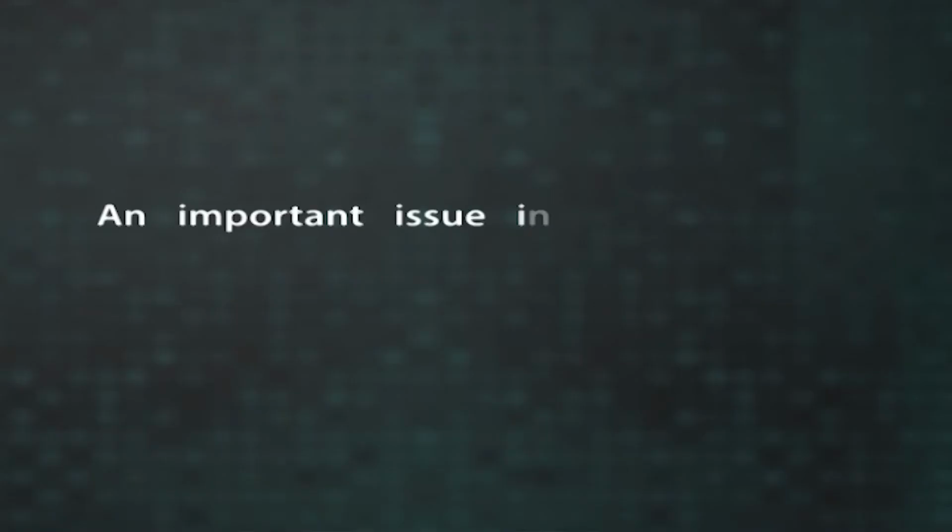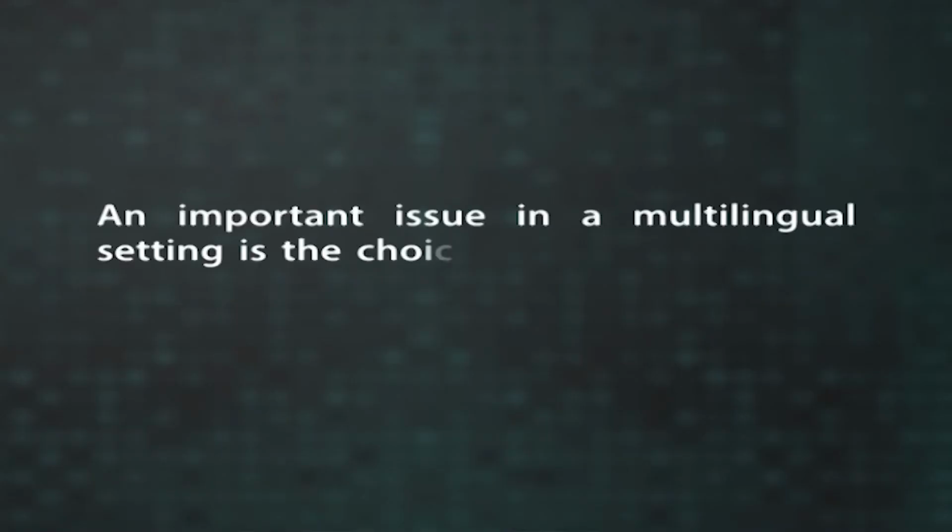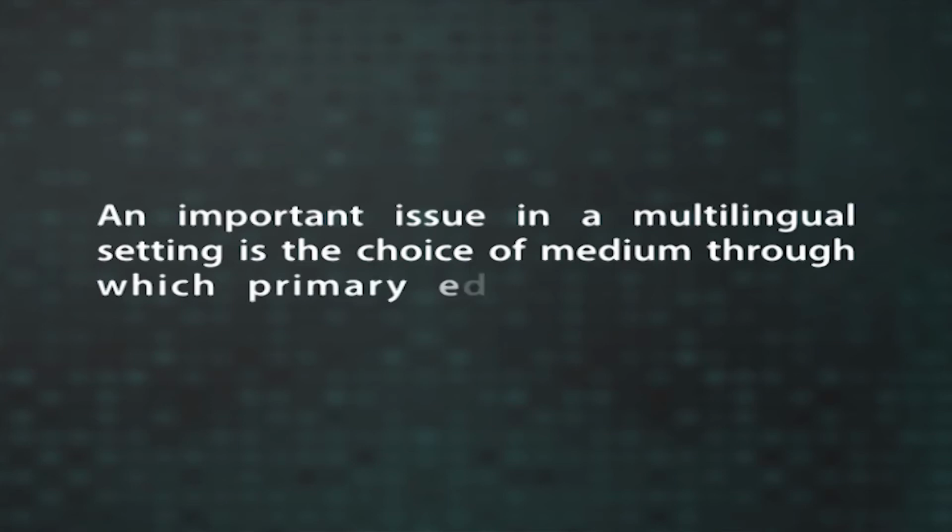An important issue in a multilingual setting is the choice of medium through which primary education is to be achieved. In a multi-ethnic society, the choice regarding the medium of instruction is determined by various interrelated factors ranging from social, historical, ideological, psychological, etc. There are different claims on the issue of the medium of primary education.